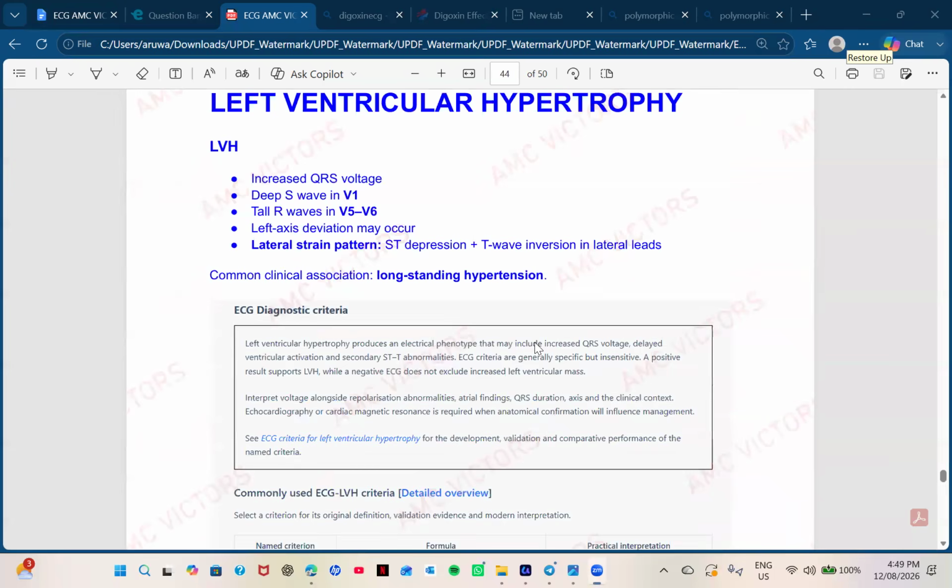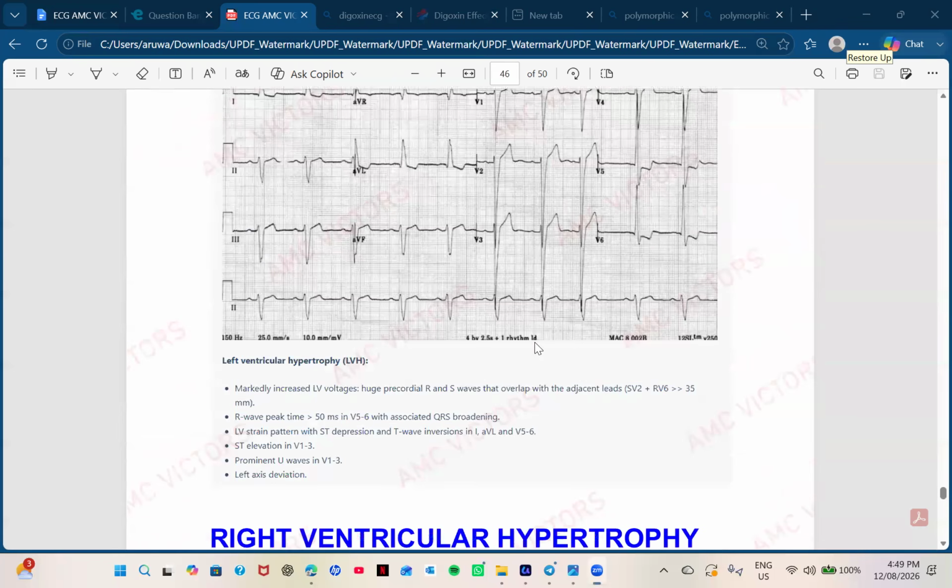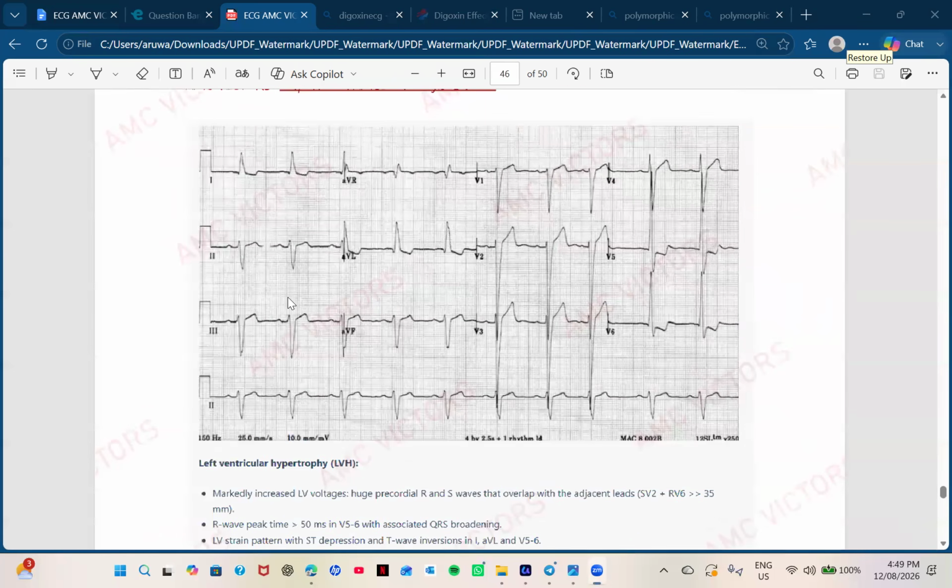Think that way. Okay, then left axis deviation. What you can see? Here, they're going to break up, right? He's going this side and she's going this side, right? This is the simplest way you can remember. I know this is weird, but it's easy to remember, right? Always check lead 1 and lead 3.